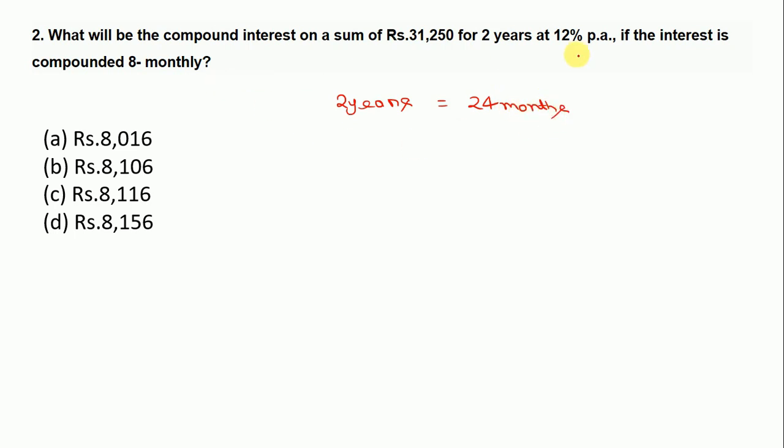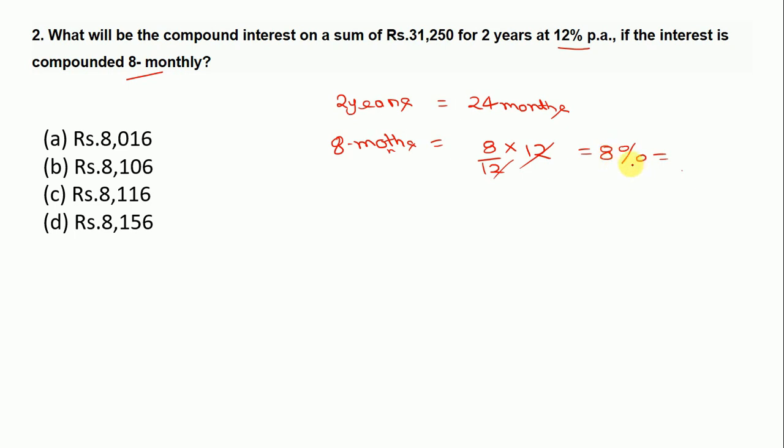Now rate of interest is given as 12% per annum, but it is compounded 8 monthly. So we have to find the 8 month compound interest rate, and it will be 8 by 12 into 12, because we have time 8 by 12, not 12 months. So it will cancel and the new rate of interest will be 8%.